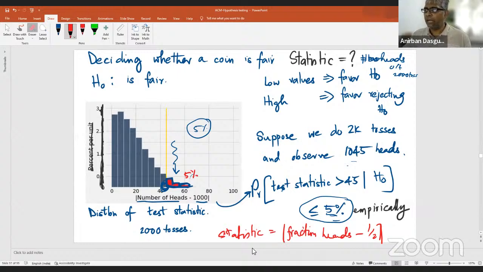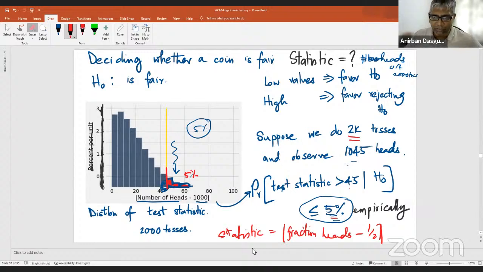In particular, if you're interested in a 5% confidence interval, then you say okay, let me do 2,000 tosses, and I work at a 5% confidence interval. You can figure out, using that normal distribution, the boundary that you should draw here for the 5% confidence interval.